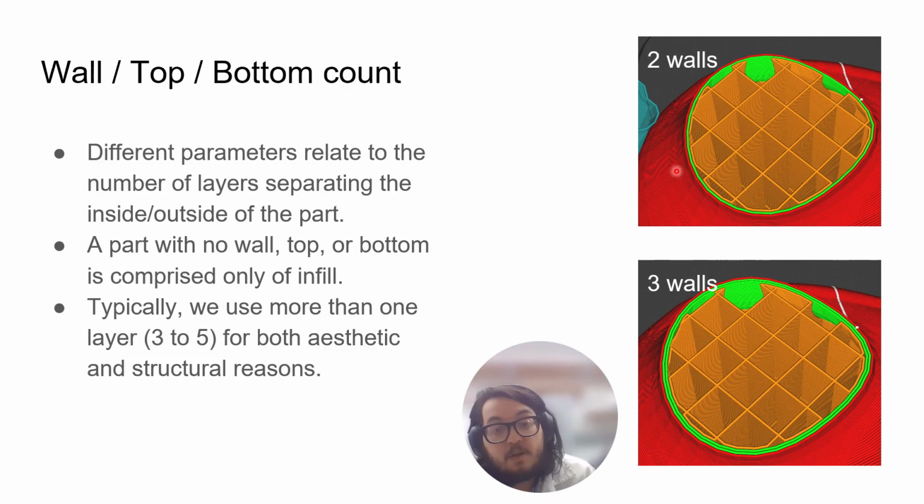You can see that Cura does color it in two different colors, green being the internal walls and red being the external walls. The internal walls, you really don't care if they look ugly because you're not going to be able to see them. So sometimes you can control things like print speed for those different walls.